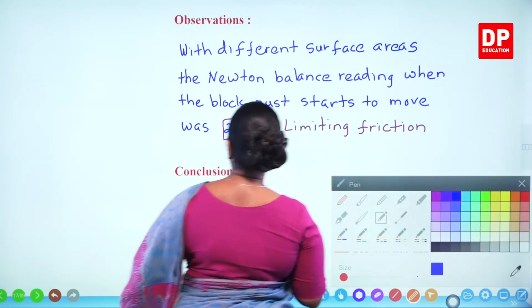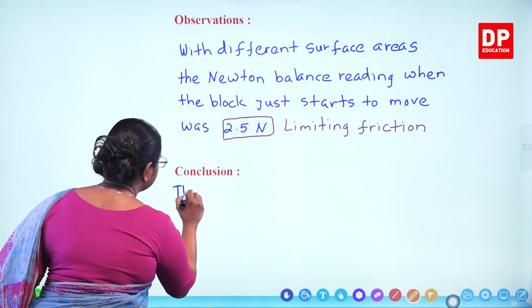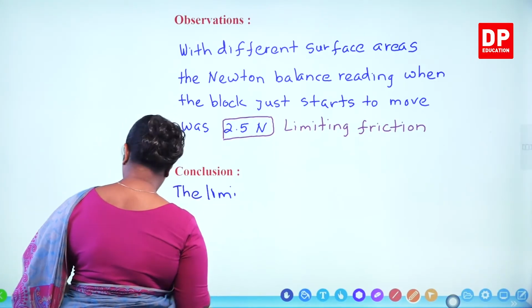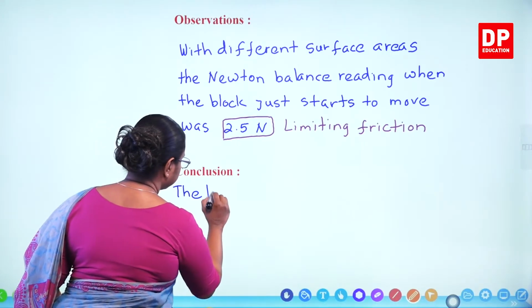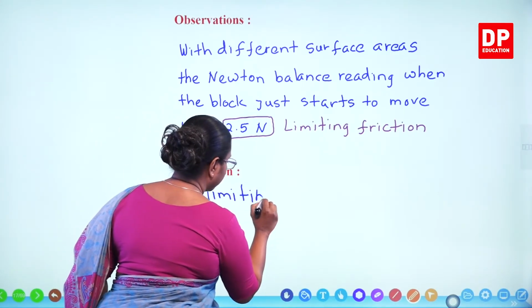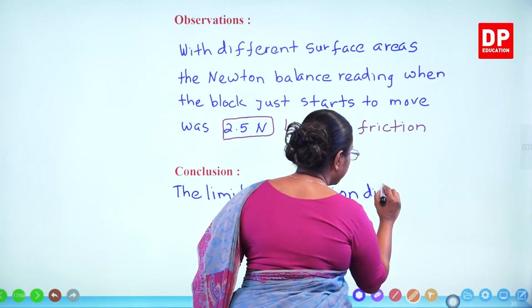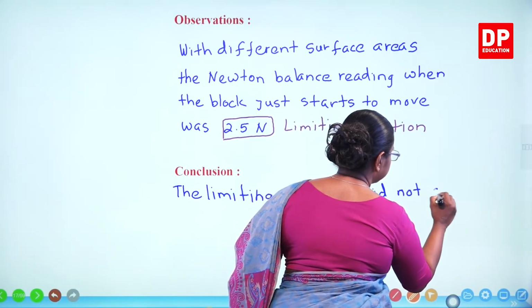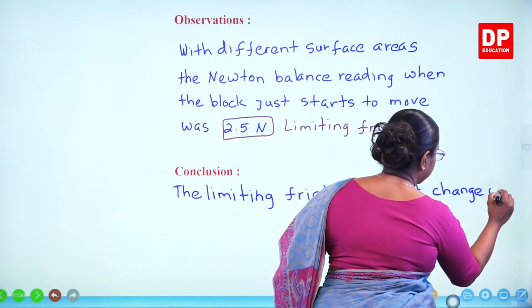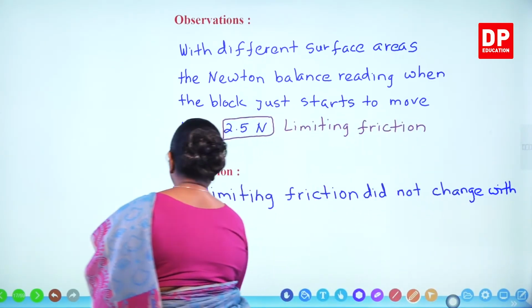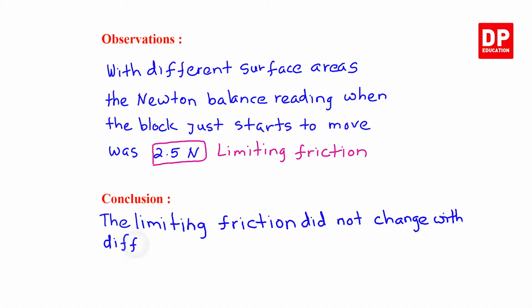So therefore we can conclude by saying the limiting friction did not change with different surface area in contact.